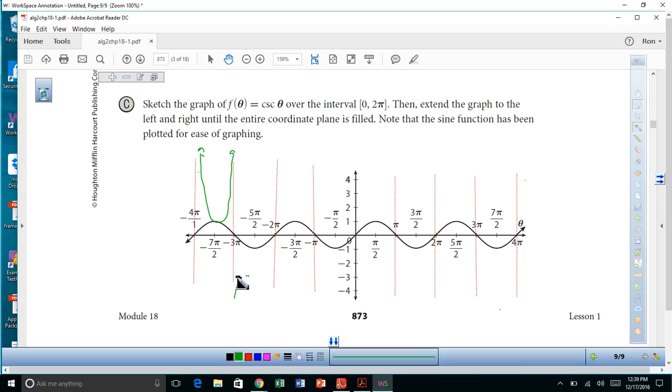And then again, it gets right up next to the asymptotes, but it's not supposed to touch.